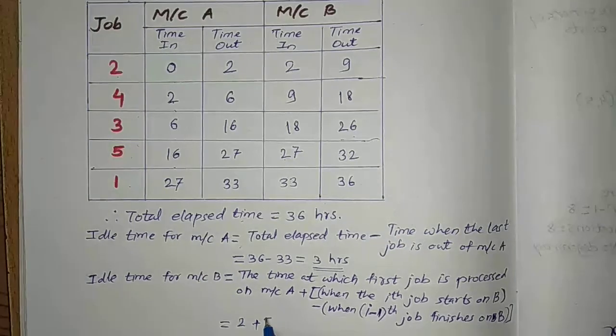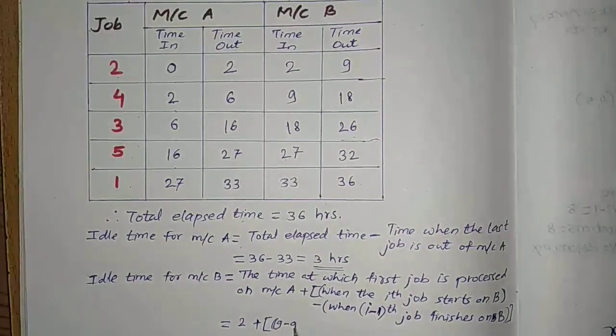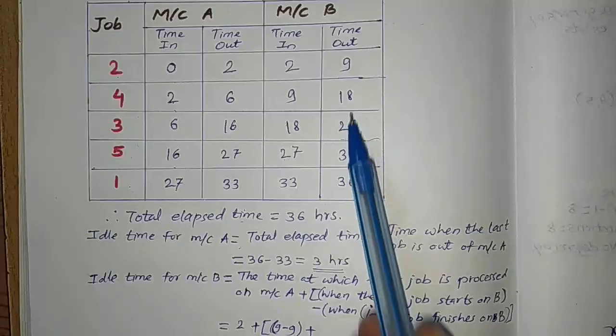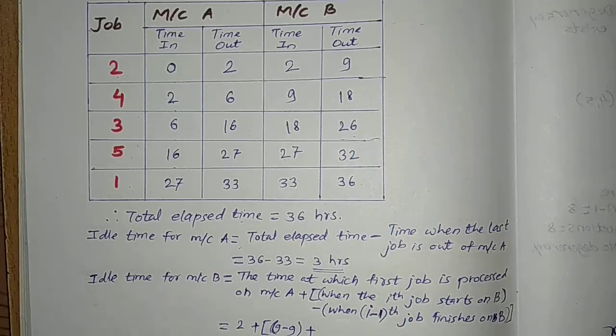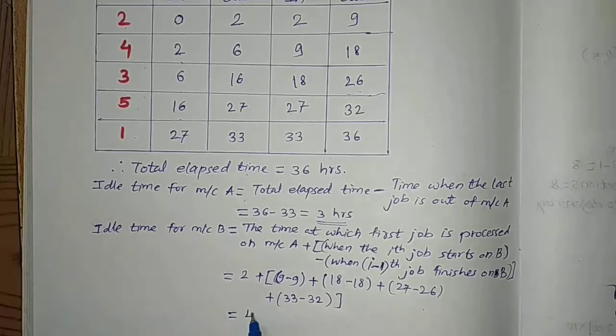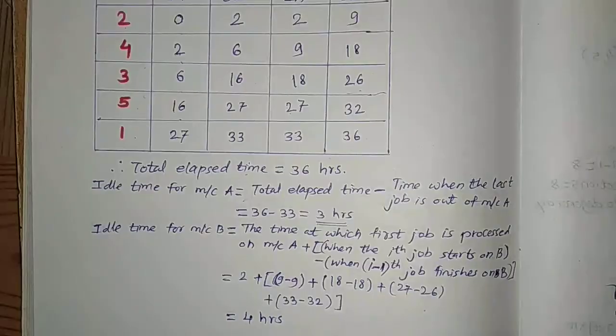So let us write in the brackets 9 minus 9 for job number 4, plus for job number 3, 18 minus 18. So I will write all the calculations and let us add them. Therefore the total idle time for machine B is 2 plus 0 plus 0 plus 1 plus 1 equal to 4 hours. So this is the idle time for machine B.